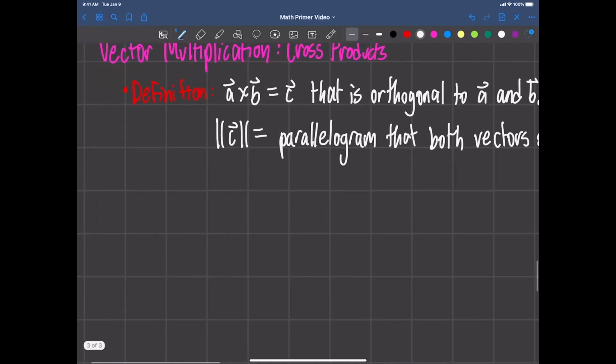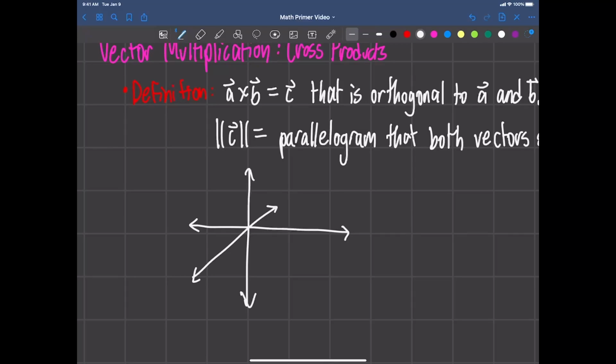So here is a 3D graph of what that looks like. This is the x-axis, this is the y-axis, and this is the z-axis.